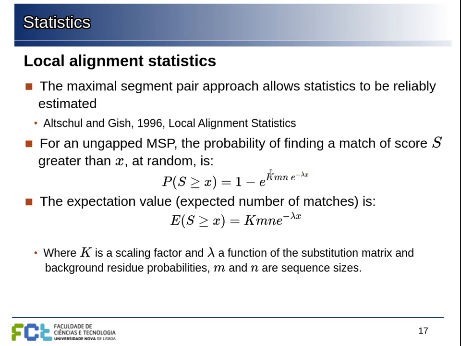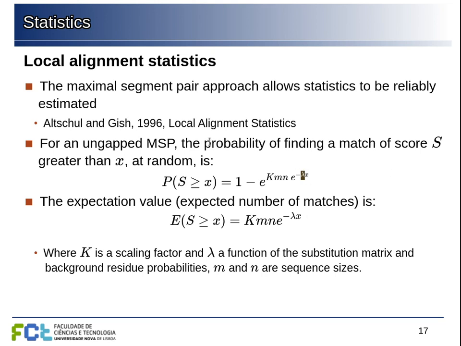This K is a scaling factor, M and N are the sizes of the sequences, and there is also this lambda, which is a function of the values in the substitution matrix, because the substitution matrix will determine the score.